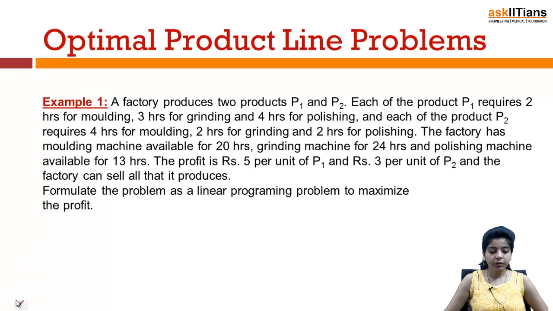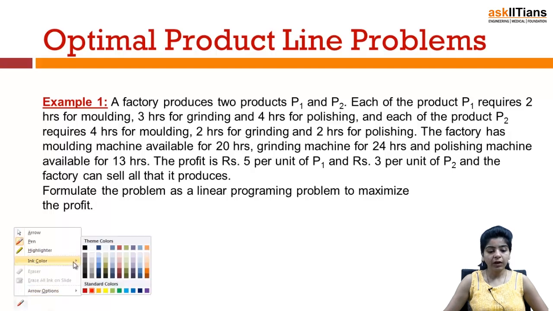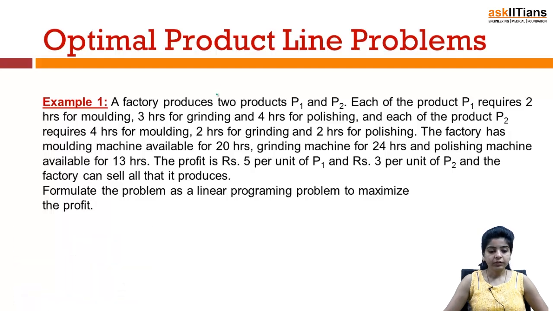In optimal product line problems, the first example that we have is, a factory produces two products P1 and P2. Each unit of product P1 requires 2 hours for molding, 3 hours for grinding and 4 hours for polishing, and each unit of product P2 requires 4 hours for molding, 2 hours for grinding and 2 hours for polishing.